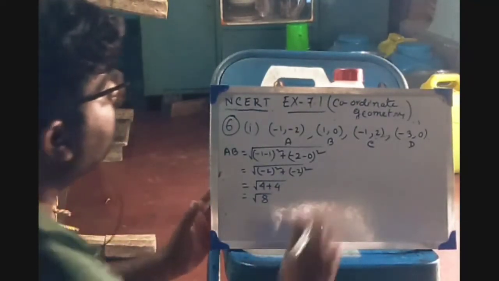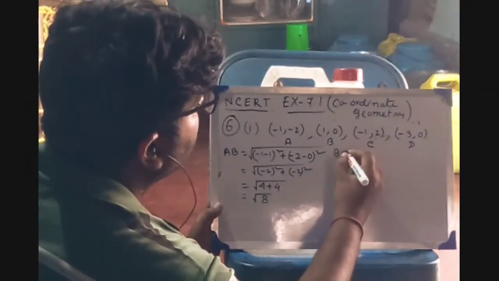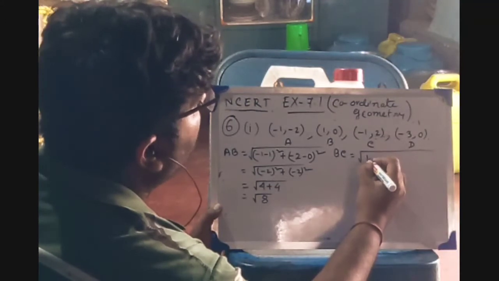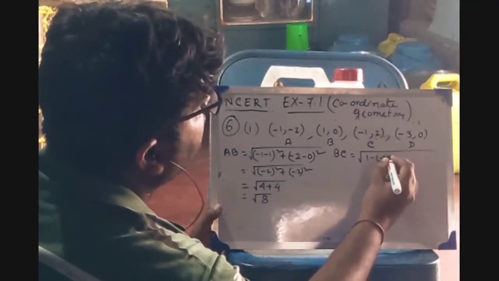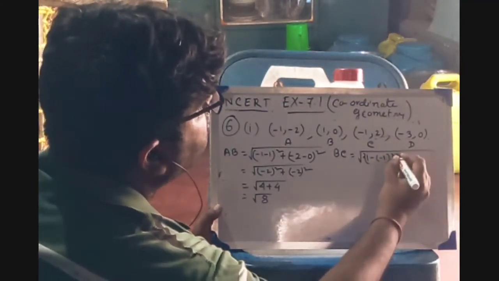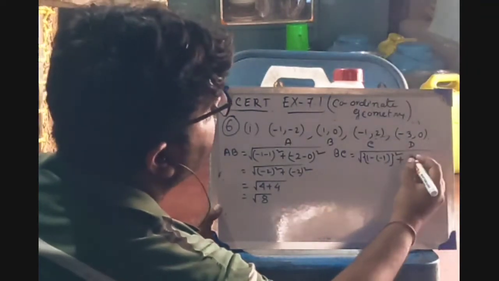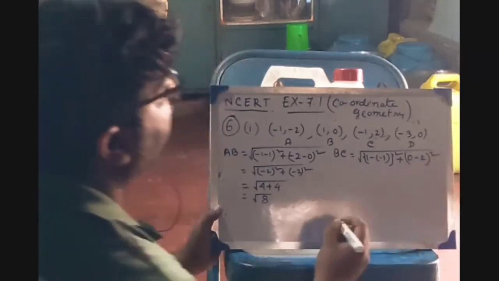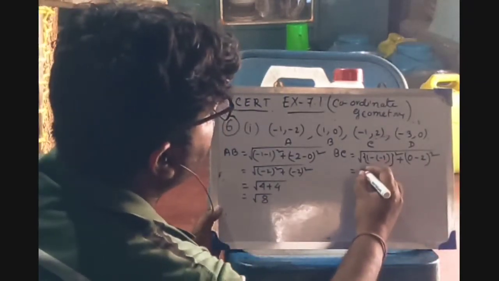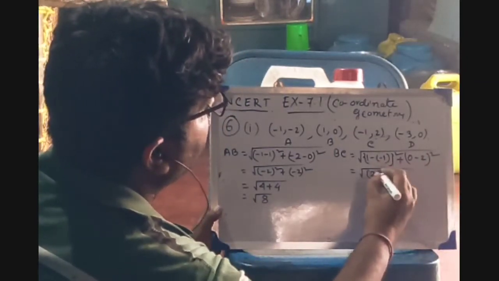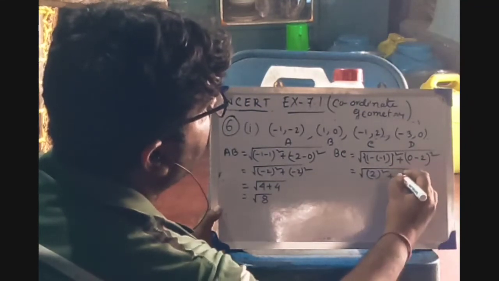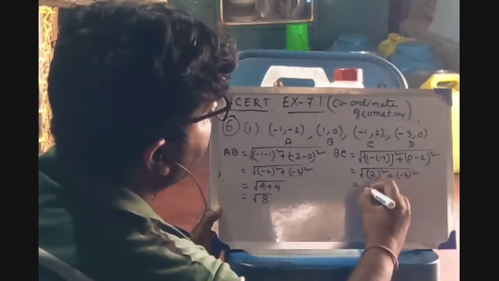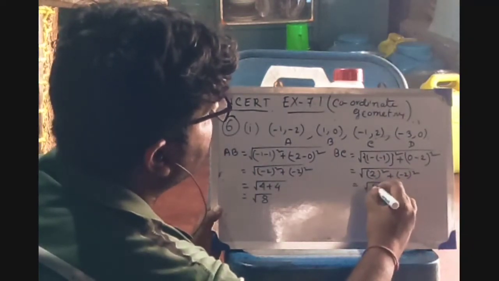Next BC. BC equals root over of (1 minus 1) whole square plus (0 minus 2) whole square. That equals root over of 2 whole square plus (minus 2) whole square, that equals root over of 8.